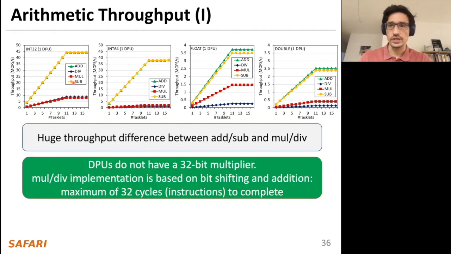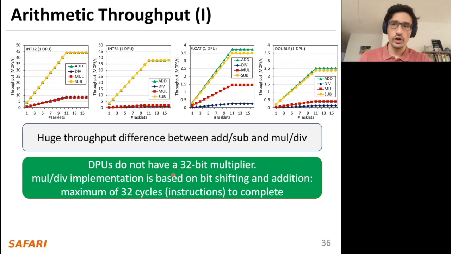The main reason is that because of the difficult constraints that the designers had to face because of the DRAM fabrication process, it's not possible to have a 32-bit multiplier inside the DPU pipeline. So the way that they implement multiplication and division is not by directly using a native multiplier, which doesn't exist, but it's based on bit shifting and addition.